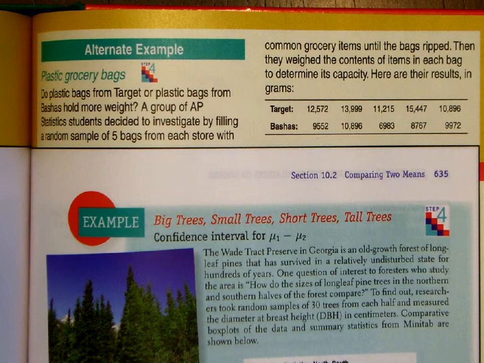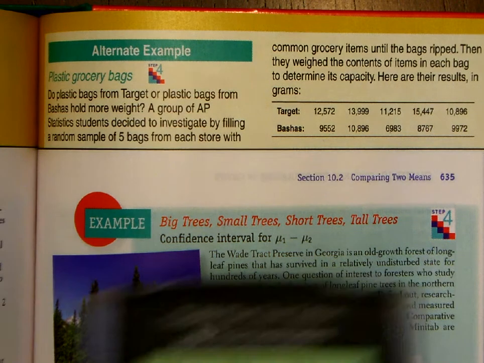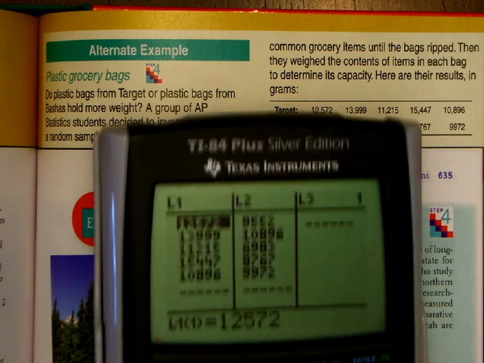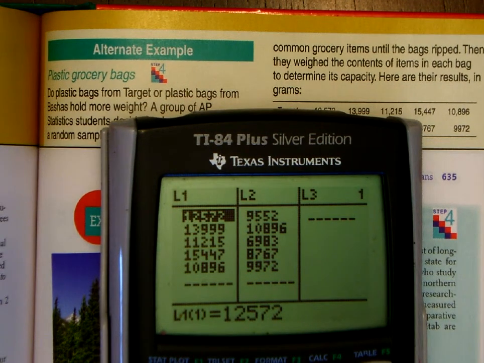So let me get, let's see here. I'm going to enter this in my calculator, so if you've not already started, enter in L1 and L2. And so you'll notice that in L1 and L2, I have my data right there. You'll also notice that I'm going to have to do stat calc one variable statistics twice to grab the information.